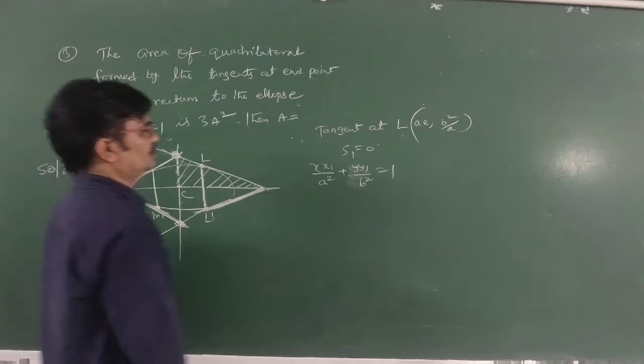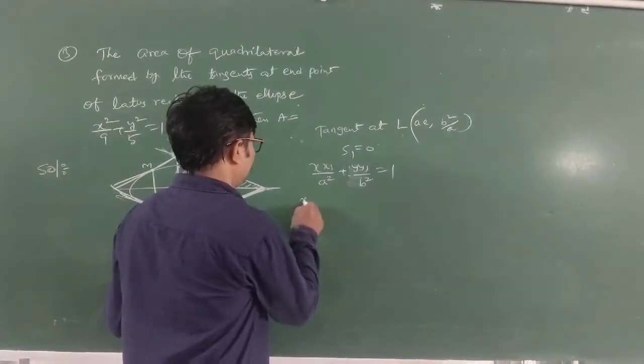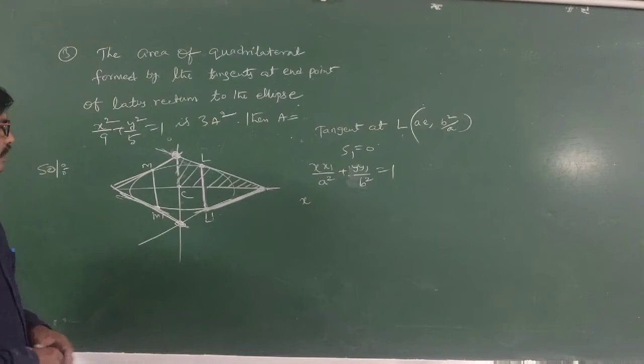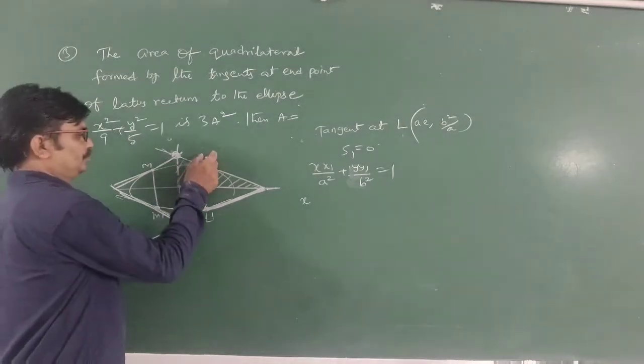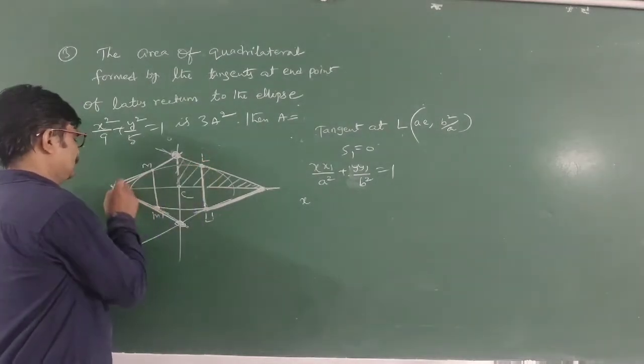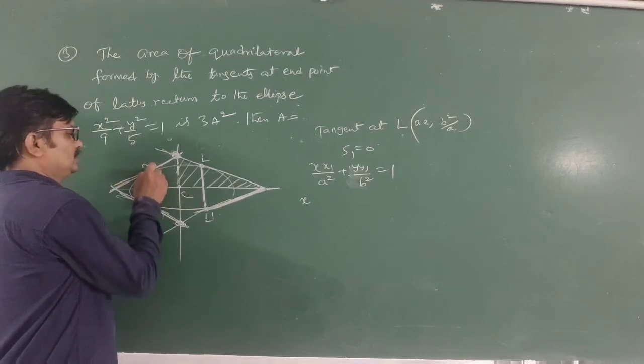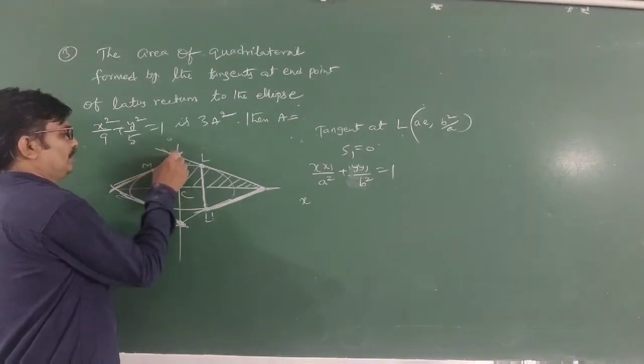My dear students, undoubtedly, when we focus here, this is AE. Undoubtedly this is minus AE. So this is minus AE comma B square by A.